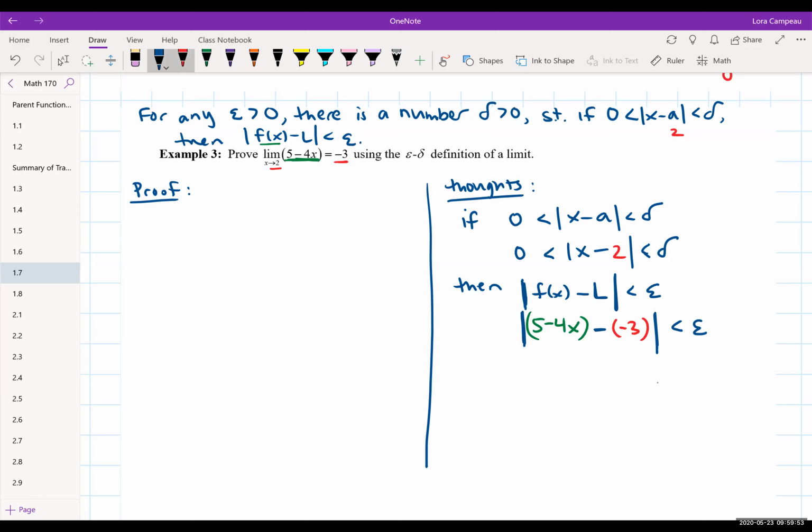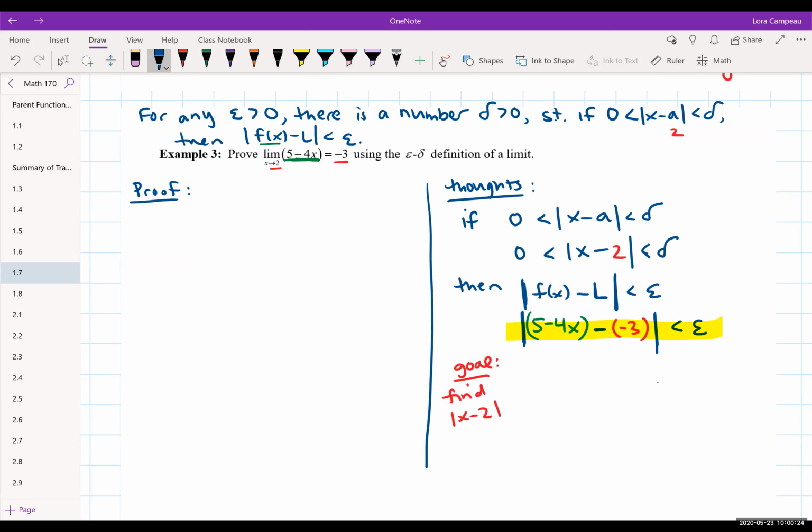Now what's our goal? If we have this concluding statement, that's our goal. We're going to have to figure out how we can find an absolute value of x minus 2 in there somewhere. When I say find, we have to prove it. We have to algebraically go through the process.